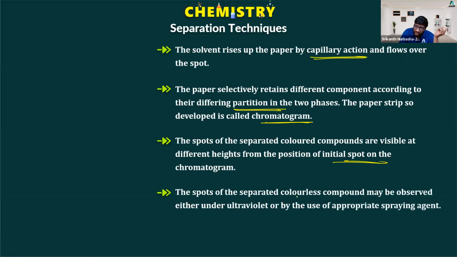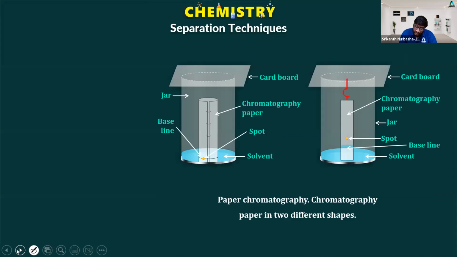For the spots of separated colorless compounds, whenever a colorless compound is there, you can use UV rays, ultraviolet light, and by spraying different agents, you can actually detect the movement of different components from the mixture. This is again paper chromatography in 2 different shapes, like 2 different types of papers we have taken.